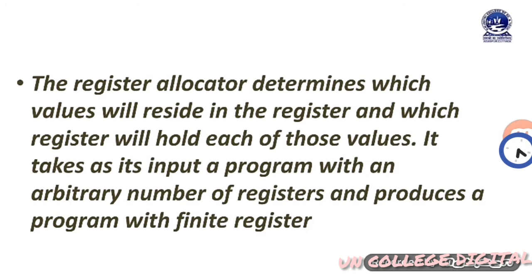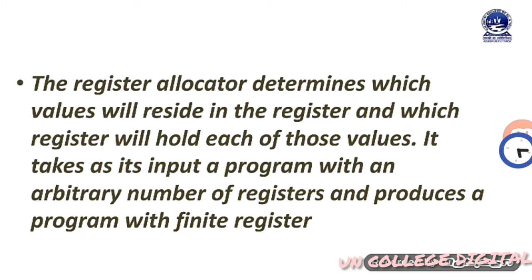The register allocator is the software or program which is responsible for allocating registers. It determines which values will reside in registers and which register will hold each of those values. It takes as its input a program with an arbitrary number of registers and produces a program with finite registers.